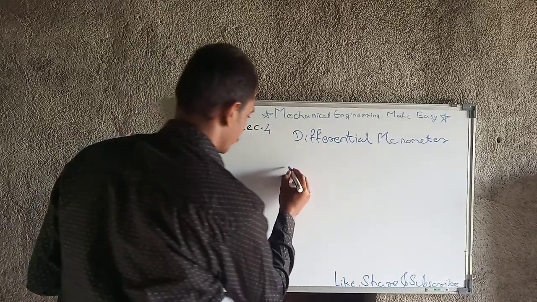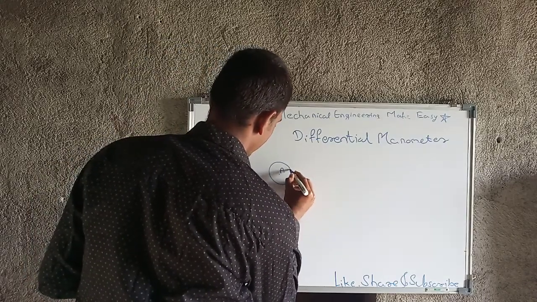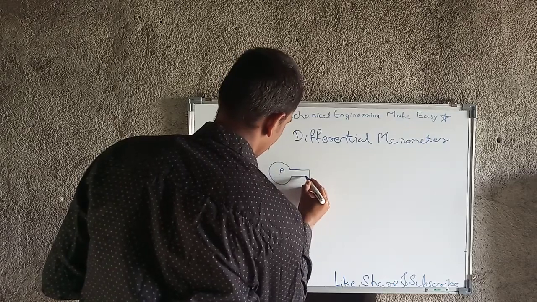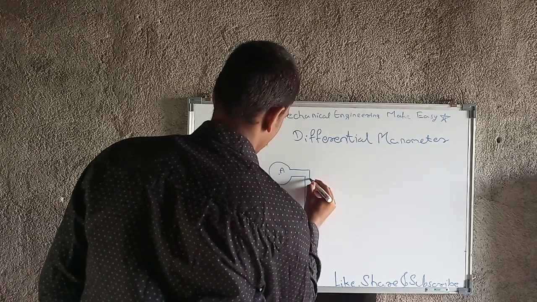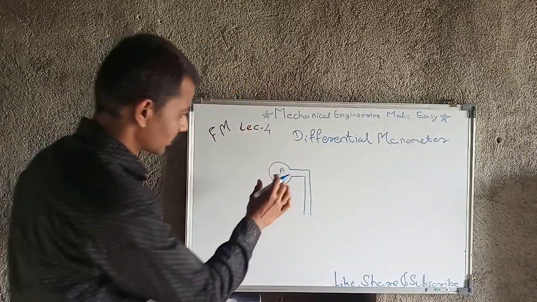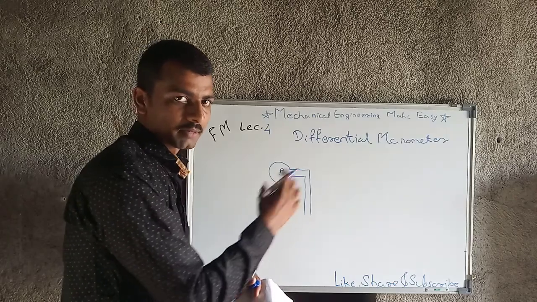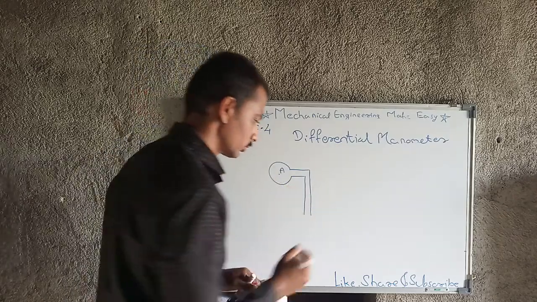So I will draw a figure. This is A. Again there are two cases: pipe A and pipe B located at the same location, and pipe A and pipe B located at different locations.